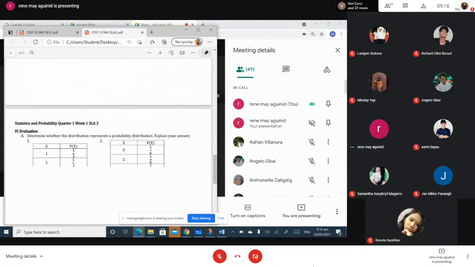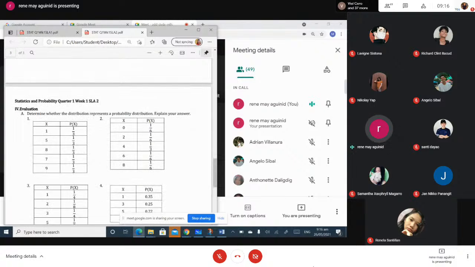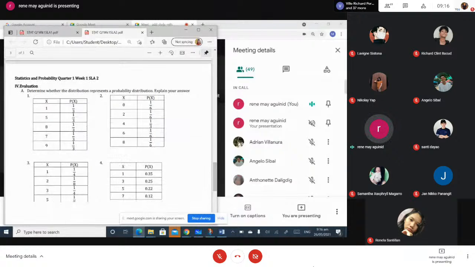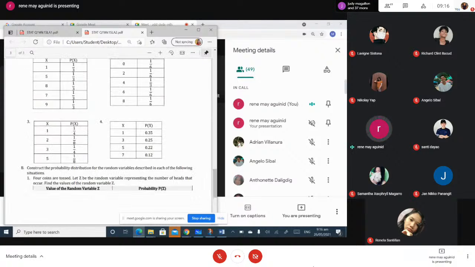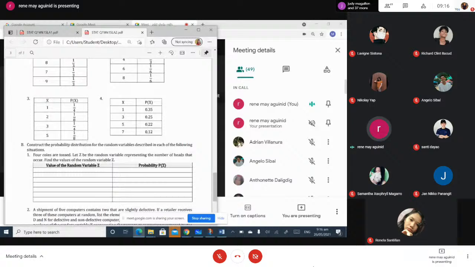In our evaluation, you just determine whether it is a probability distribution or not, by simply looking at the column for p of x, using the properties mentioned above.